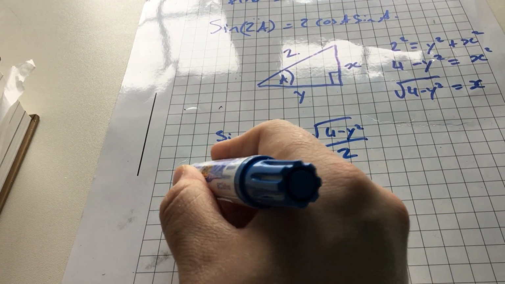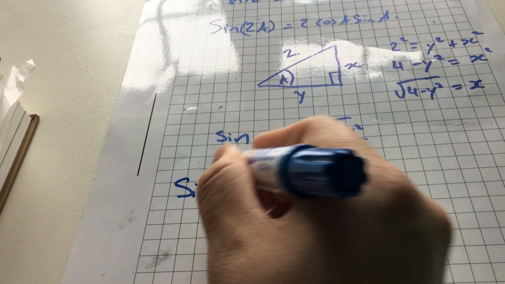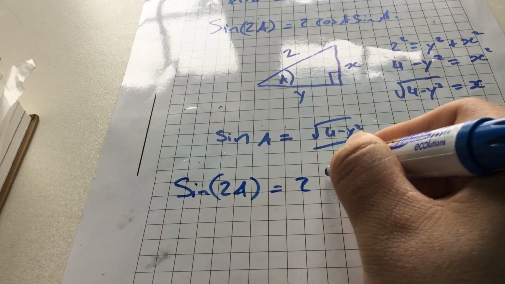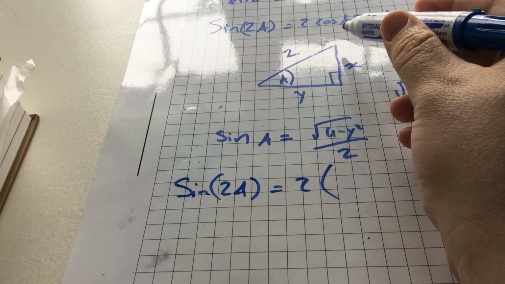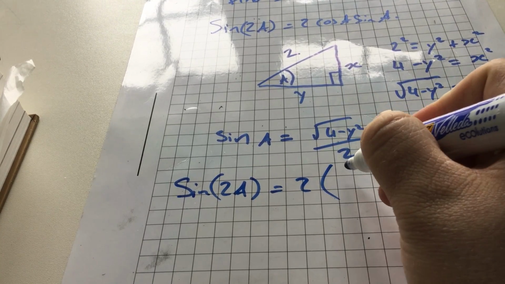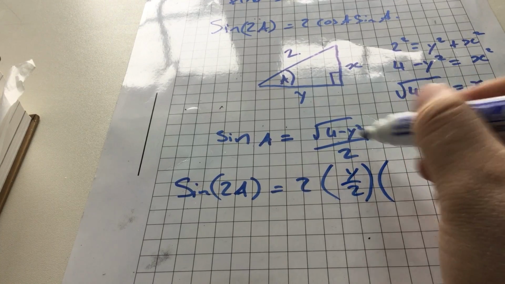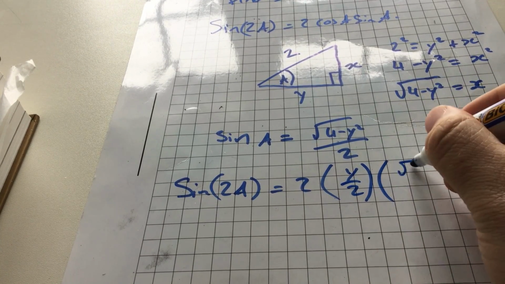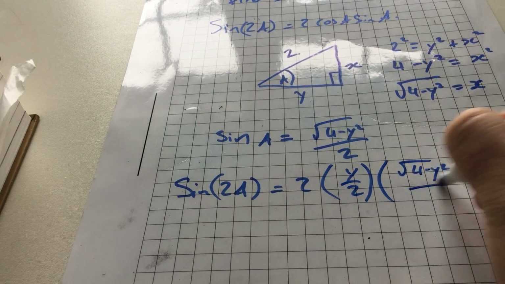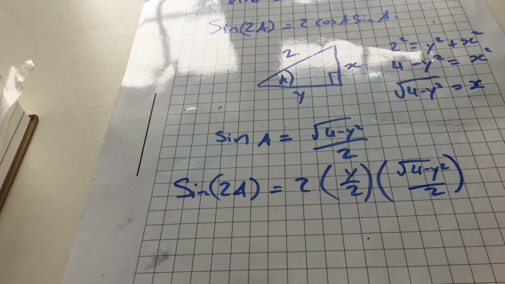So sine 2A then is 2 by cosine A, which is y over 2, by sine A, which is root 4 minus y squared over 2.